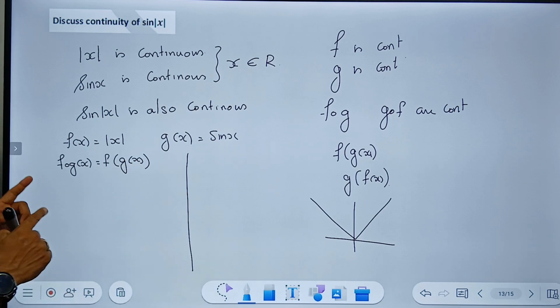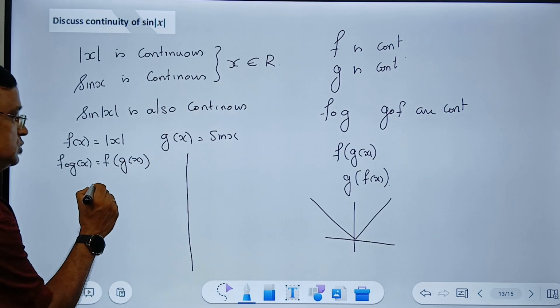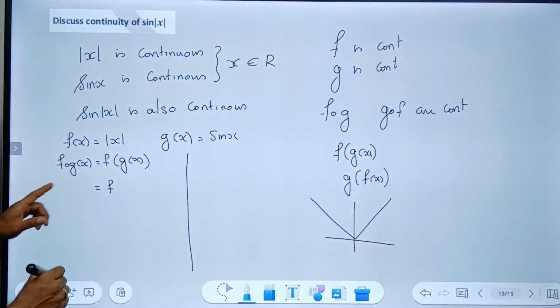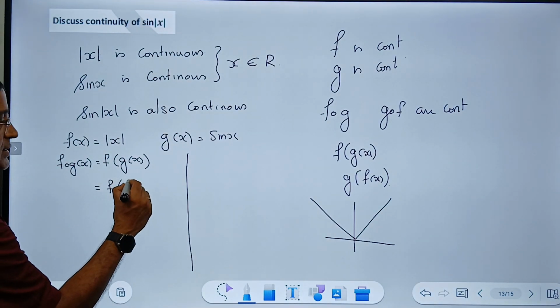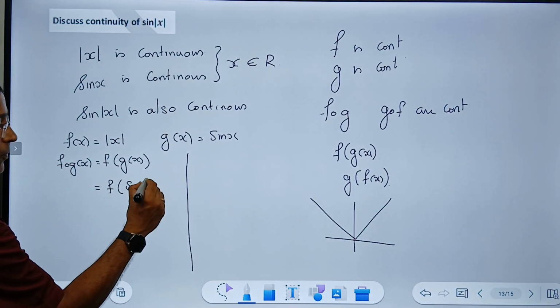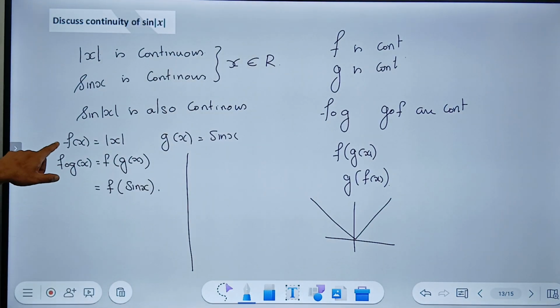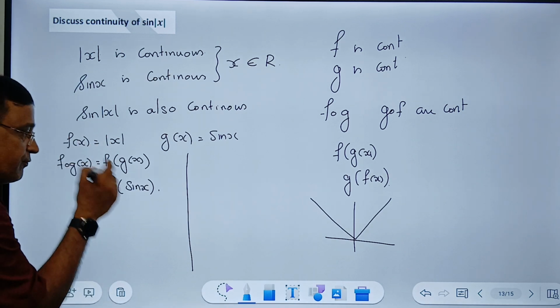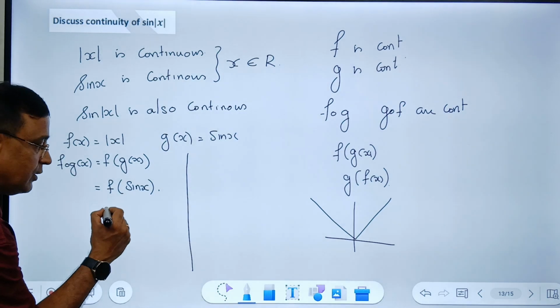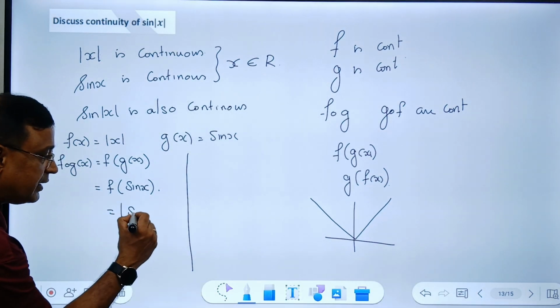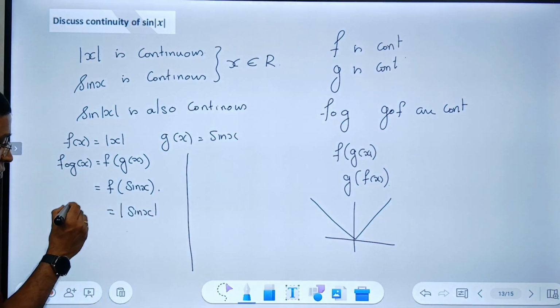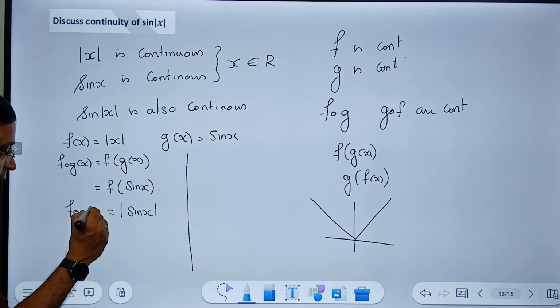Which is f of, what is g of x? G of x is sin x. But what is f of x? F of x is mod x. In place of x, I have sin x. So this is modulus of sin x.